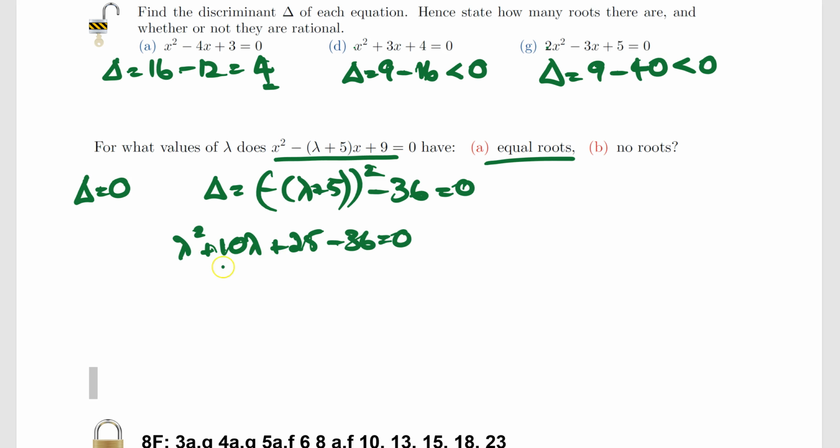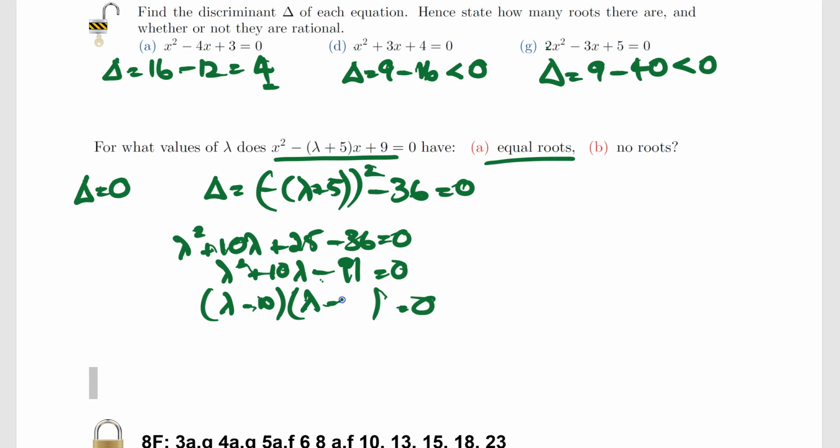So that will give us lambda squared plus 10 lambda minus 11 equals 0. If I factorise that, that will give us minus 10 and minus 1. So lambda equals 1 or 10. So either of those values will give us a quadratic which has equal roots.